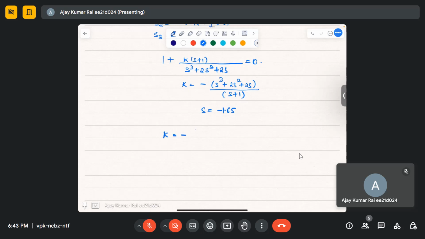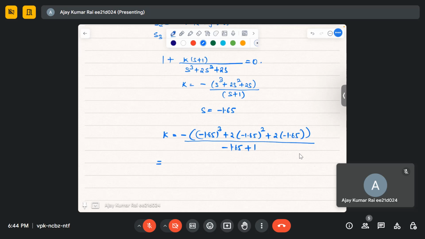Okay, so calculate the value of k. So this will be q plus 2 into minus 1.65 square plus 2 into minus 1.65 plus 1. So can you calculate this? I'm more concerned about the sign than the value.